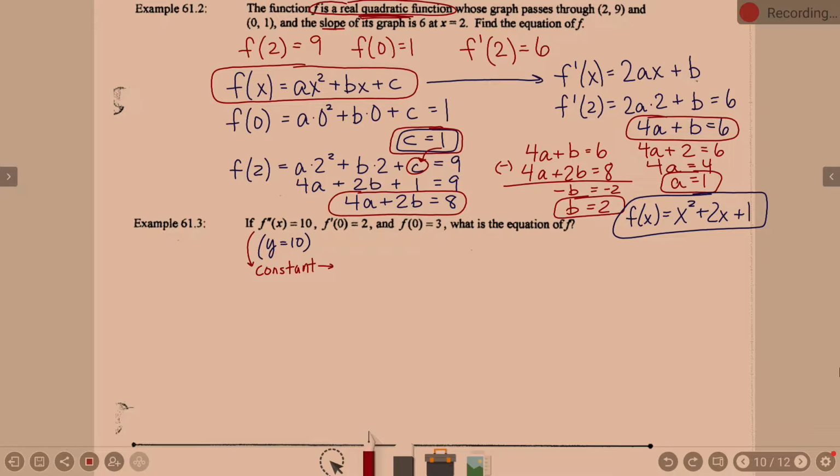When we're taking derivatives, we decrease the power, right? What do you do if you're going the other way? You're going to increase the power. So if this is just a constant, what's the next step up from a constant? Linear.